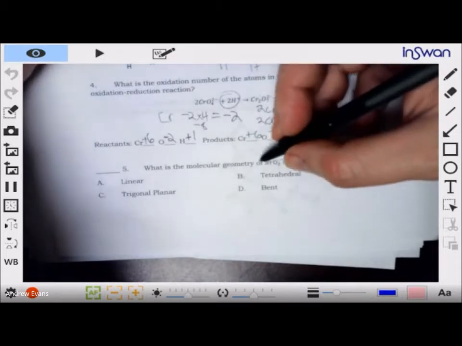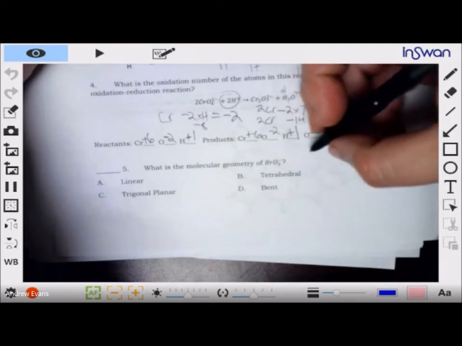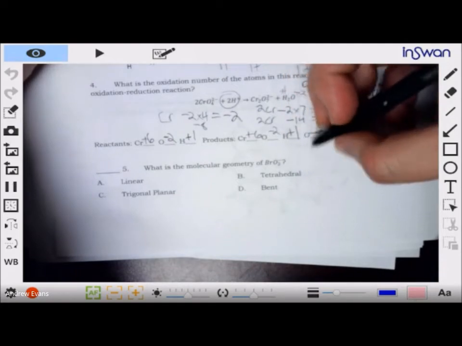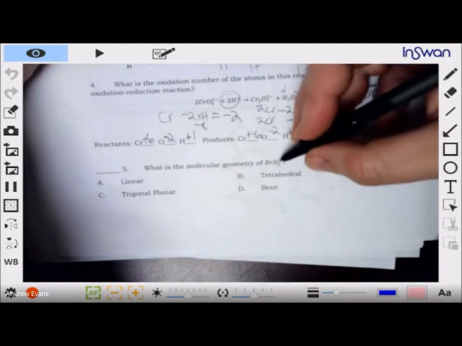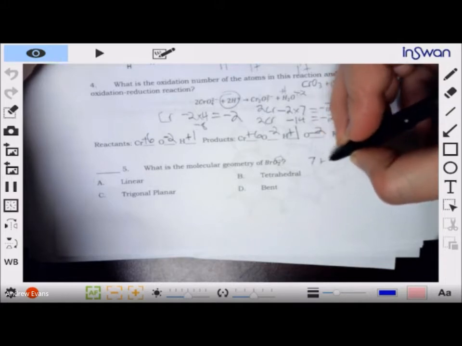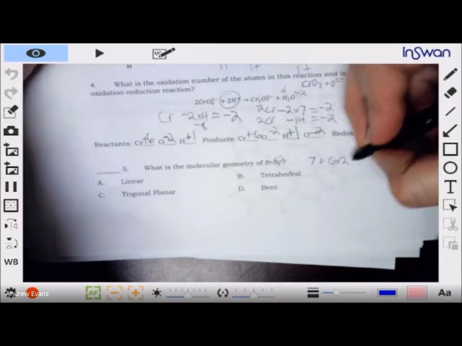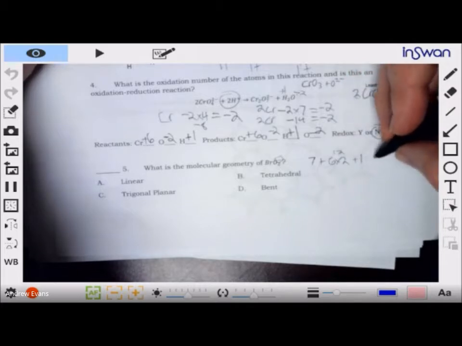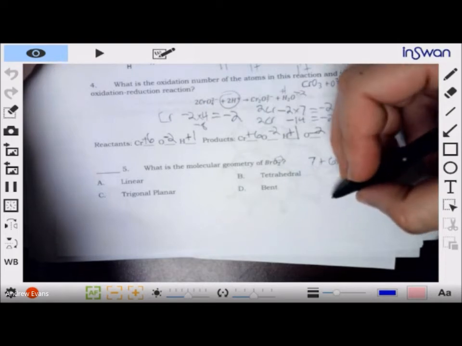What is the molecular geometry of bromite, with O2 1 minus? So bromine is 7. Oxygen is 6 times 2 is 12, plus 1 because it's negative 1. 8 plus 12 is 20 electrons.